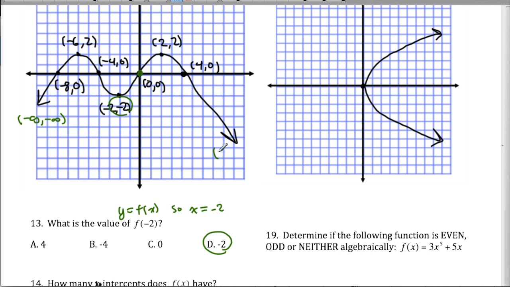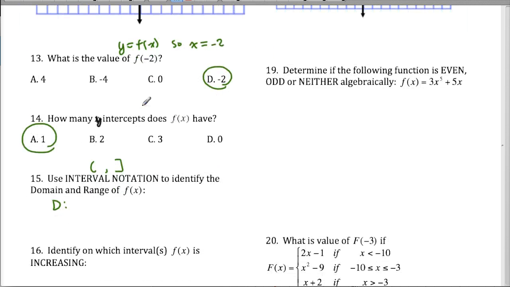And over here, this represents positive infinity on the x, negative infinity on the y, because it's going off to the right but down. So my x coordinates go from negative infinity to positive infinity, so that's all real numbers. So I could write that as negative infinity to positive infinity. So that's easy to find the domain.